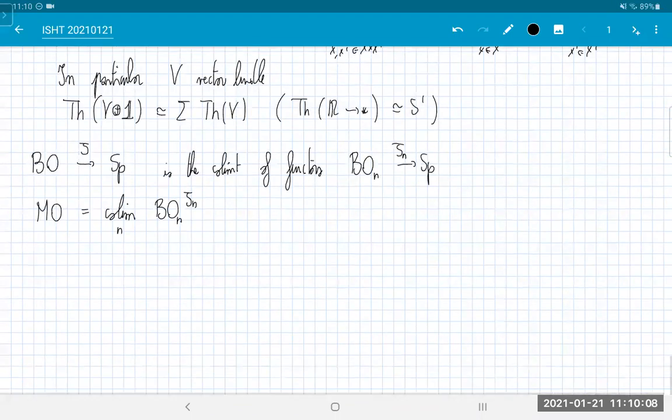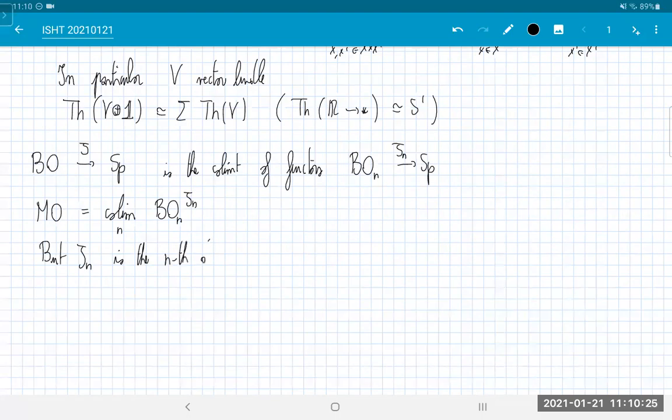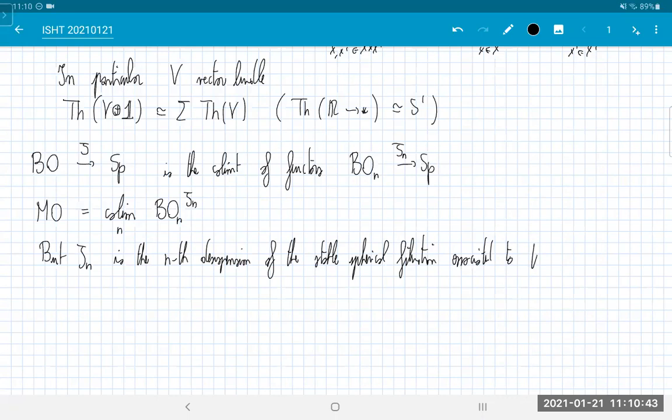And we can write it actually, okay, yeah, but Jn is the nth desuspension of the stable spherical fibration associated to the tautological vector bundle psi n over BON.